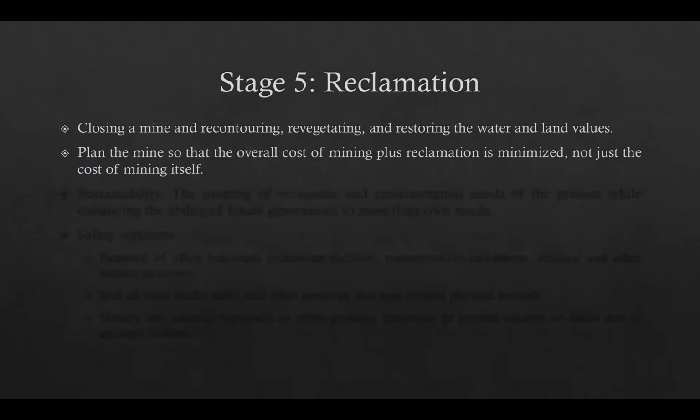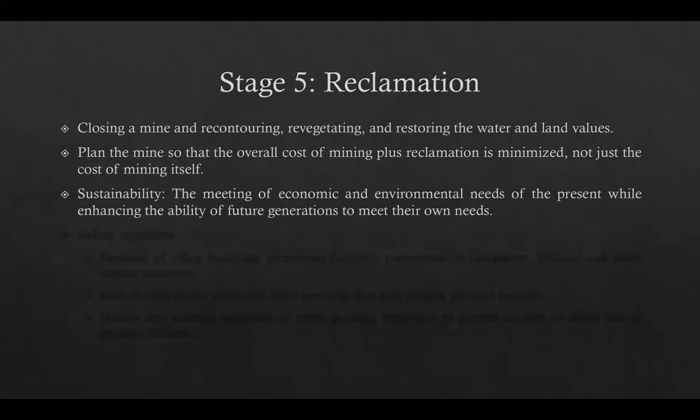Otherwise, they will just minimize the cost of mining, and then at the end, reclamation cost will be much higher. Sustainability is an important concept in mining industry nowadays. That means the meeting of economic and environmental needs of the present generation while enhancing the ability of future generations as well to meet their own needs.